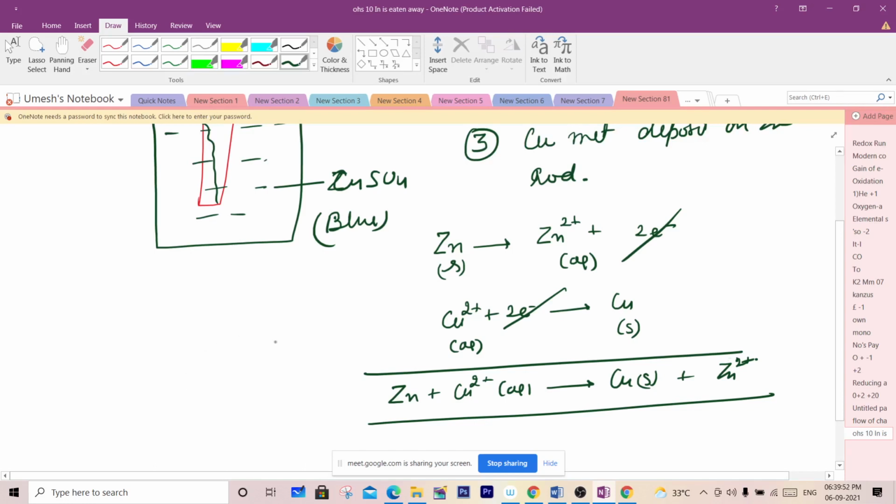Right? Electrons lost by the zinc are gained by the copper ions. Understood? Noted down?